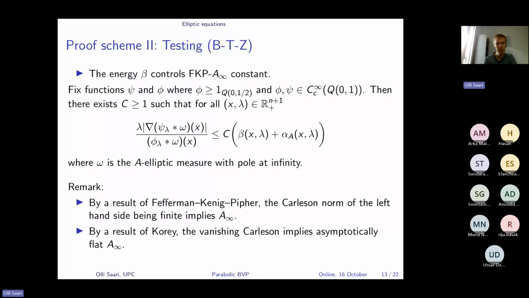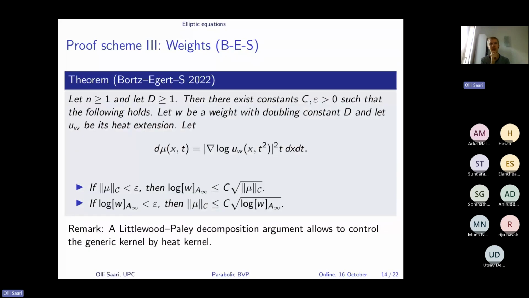This was already appearing in the work of Fefferman, Kenig and Pipher in '91: squaring the left-hand side and taking the Carleson measure norm, if that is finite, you are in A infinity. And then there were these results of Corey I mentioned, that you could get the VMO result. But Corey did not get the epsilon-delta result, and this was our contribution.